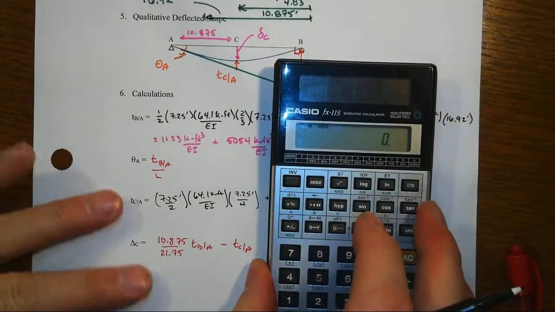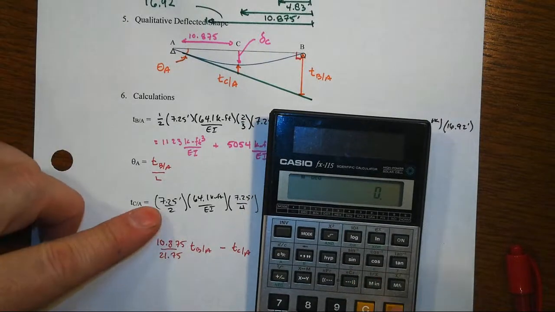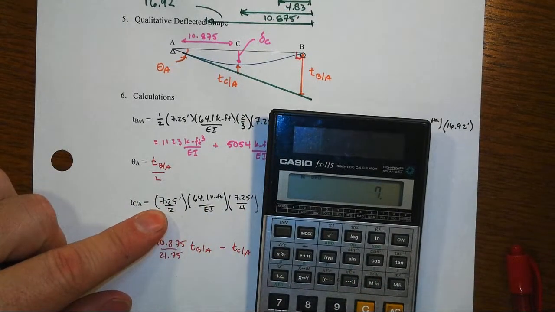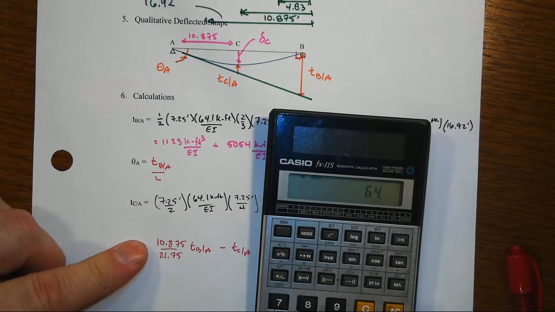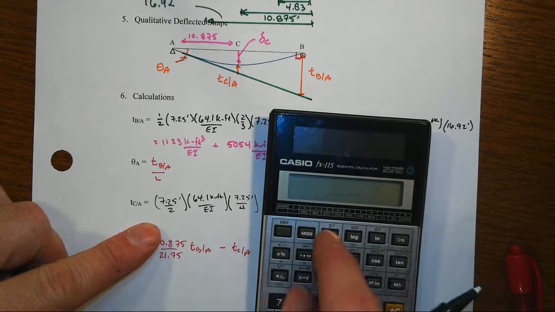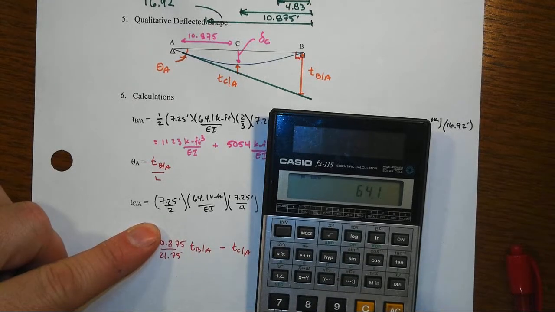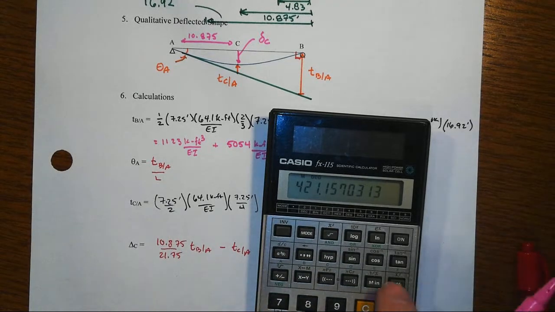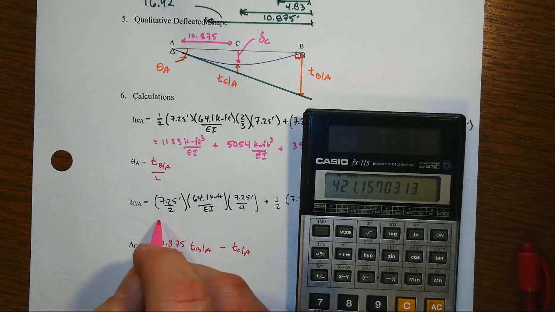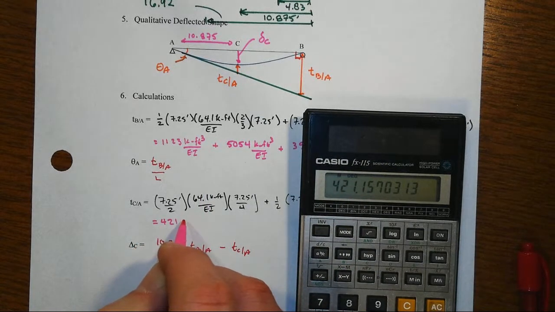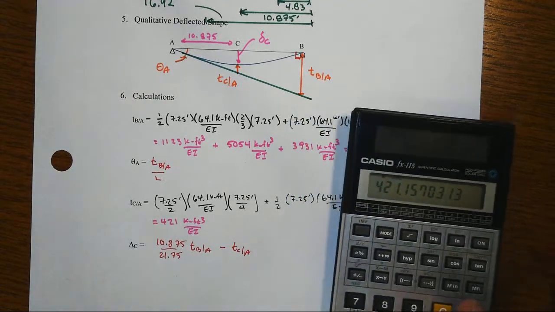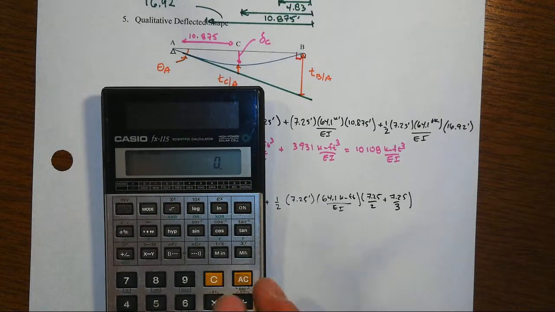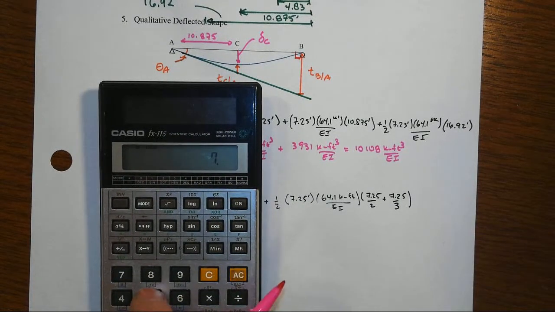So let's do the calculations directly now. This amounts to 7.25 squared divided by 8 times 64.1, or 421. I'm going to do that again just to make sure I got it right. That looks like it is correct. Put that into memory. That's a small amount. The moment arm is small, so it's not surprising that it's not going that far. And then we've got to get the second part, so let's do the moment arm first.